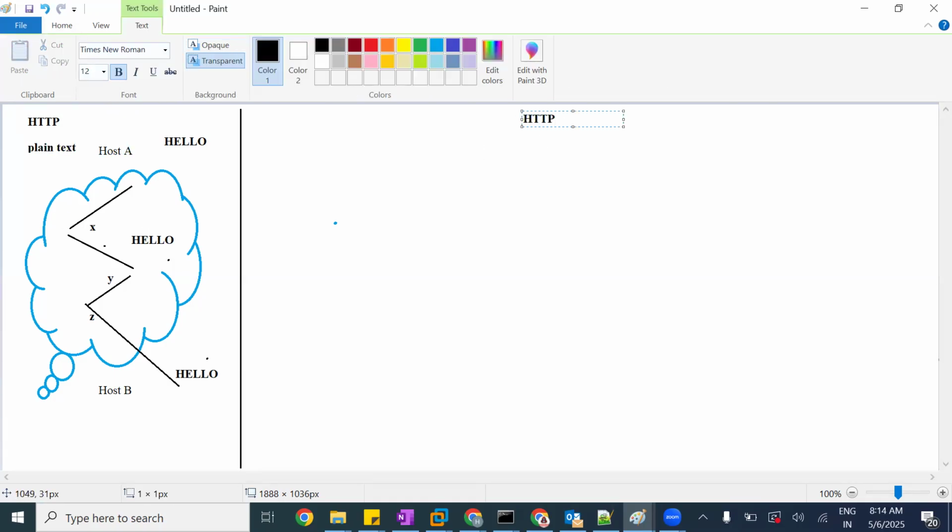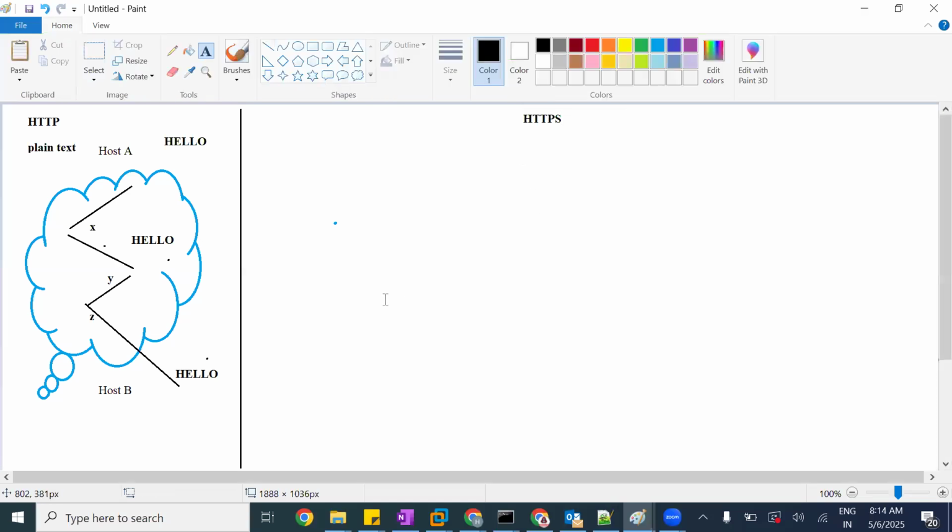As I said, HTTPS is secure communication, right? Let me take the same picture.